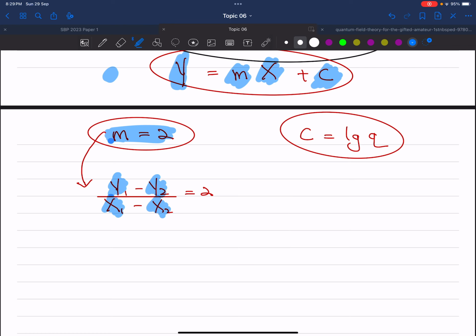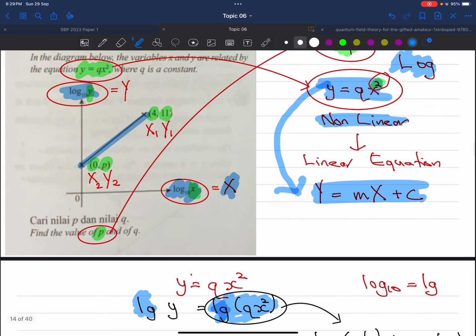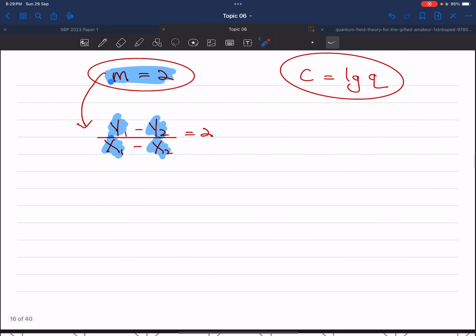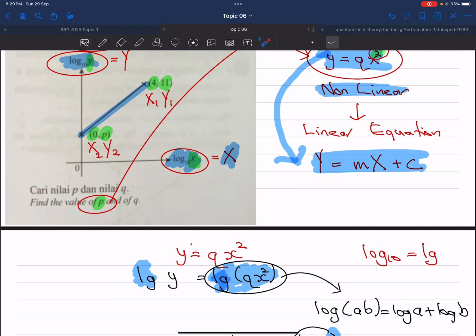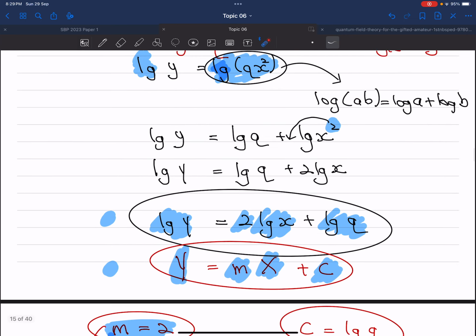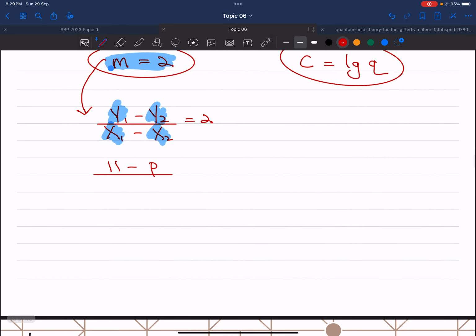We go back to the graph. Y1 is 11, Y2 is P. So it is 11 minus P over, again I have to go back, and then I have X1 4 minus X2 0, which is 2.